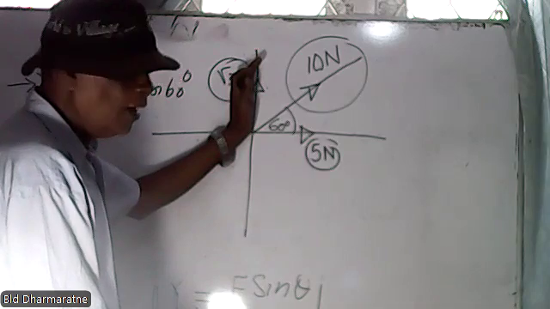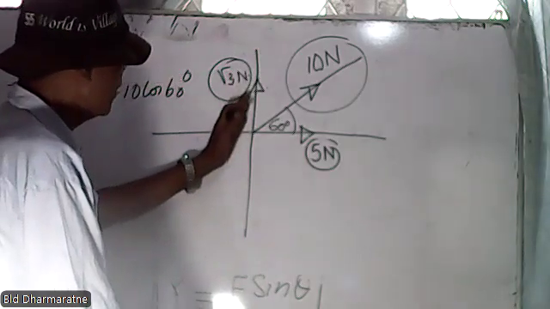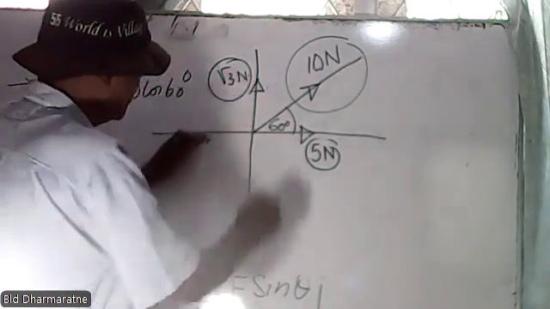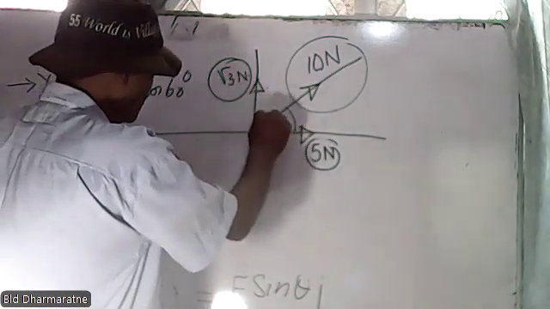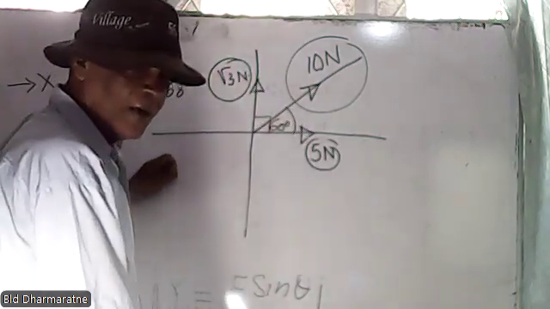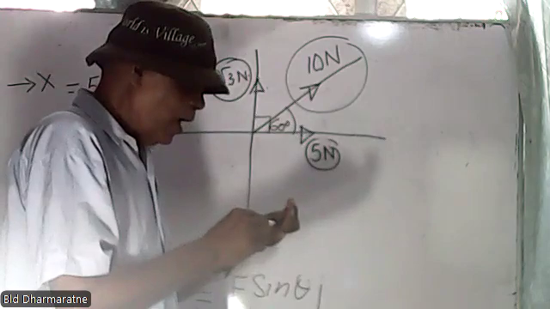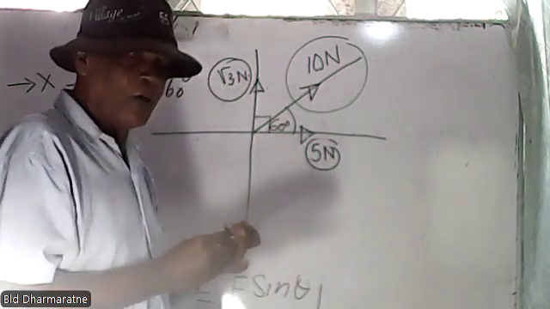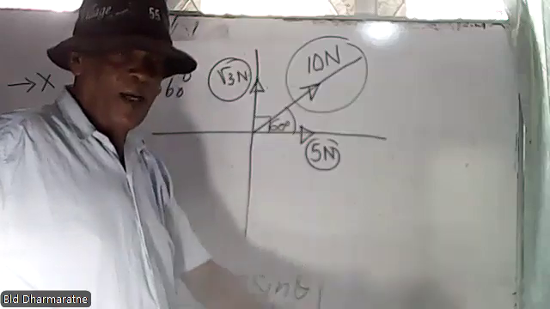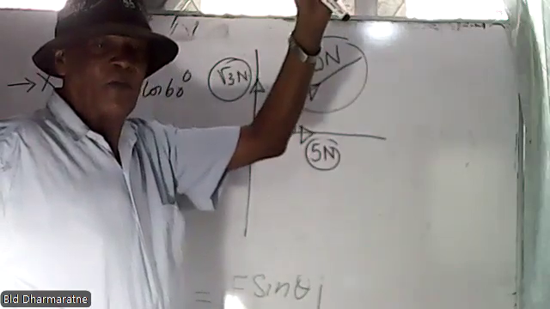Why neglected? If this force is resolved, root 3 Newton cos 90. Cos 90 is 0. You remember, very easy way. If the horizontal direction is considered, we neglect the vertical direction force.